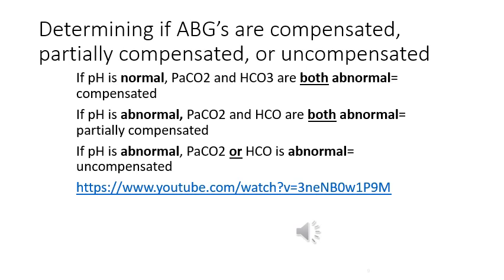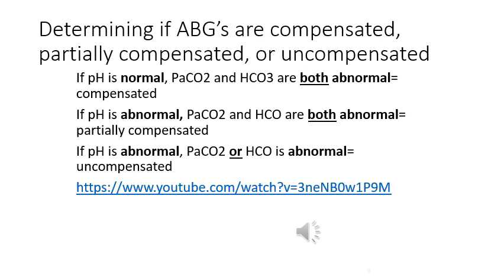So if you see that both bicarb and CO2 are abnormal and you have a normal pH, this is a compensated picture. Every time you look at your ABGs, if you see a pH that's normal, you should be thinking compensated, but then you need to look at the CO2 and bicarb. If they're both abnormal, they're both working, so they are compensating for that.